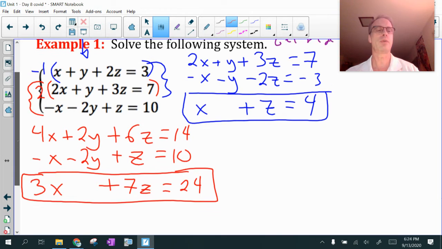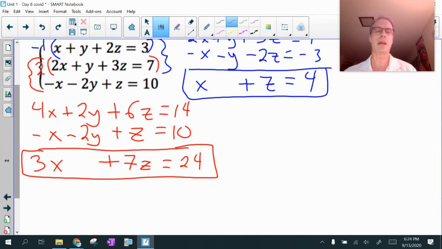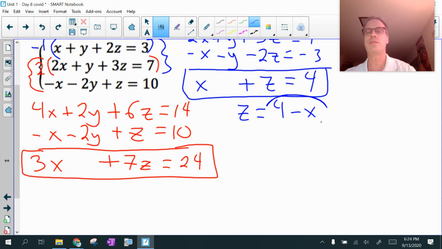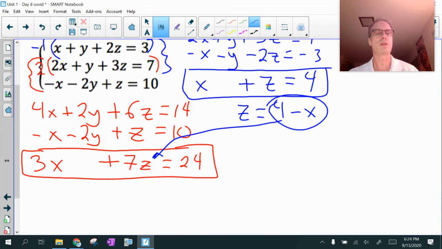Now, of course, it doesn't matter because it works either way. But personally, I look at this and I can immediately say that looking at this equation over here in blue, all I have to do is subtract an x from both sides. And now I've isolated a z, and that value for z I can substitute into this equation here.